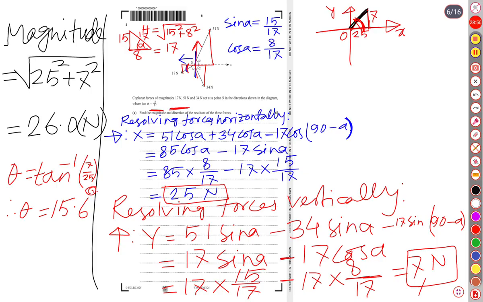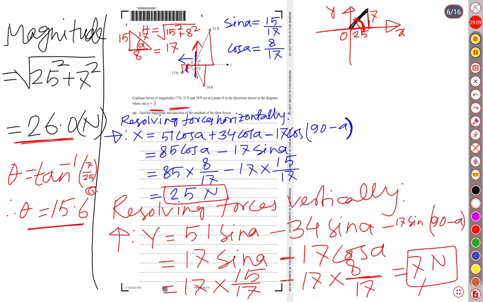We got that the magnitude is 26 Newton and the angle is 15.6. Where is the angle lying? Look, it's in the first quadrant. So how to write this? Let me change the ink.